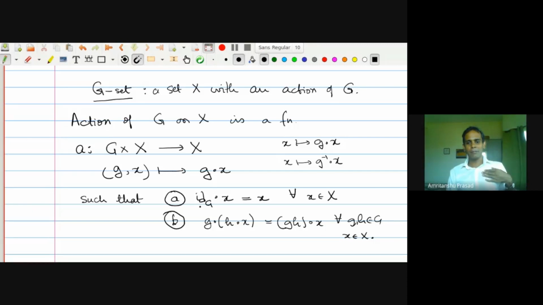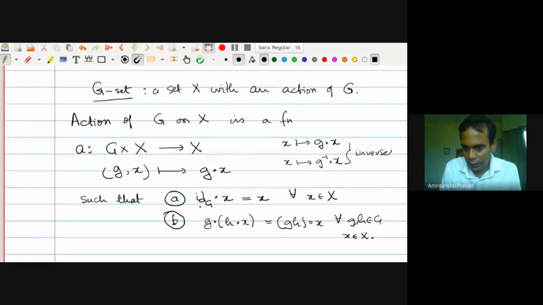And so by this property, it is equal to x. So these are mutual inverses. And so this function x goes to g dot x has to be a bijection. Okay, so this group has now become a group of transformations of the set X.